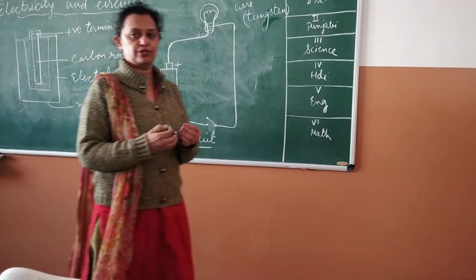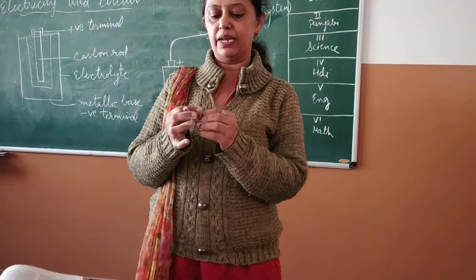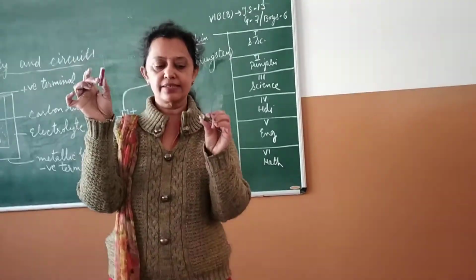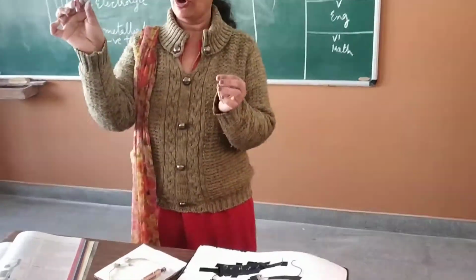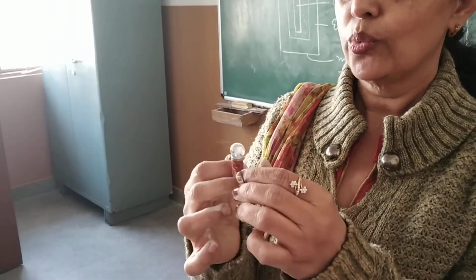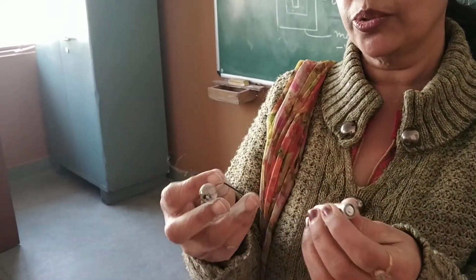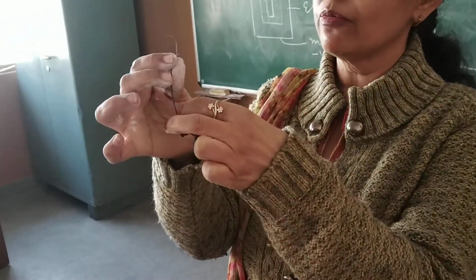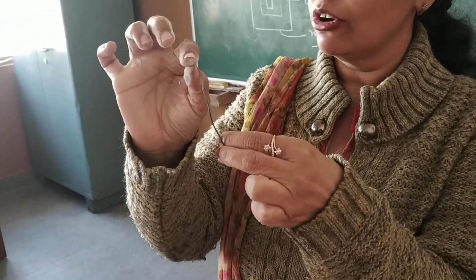And one more thing I told you, how to make your own torch. You need three things for that. One dry cell, then a torch bulb and wire. Clear? So what you need to do, you have to remove the plastic covering from the end of this wire.